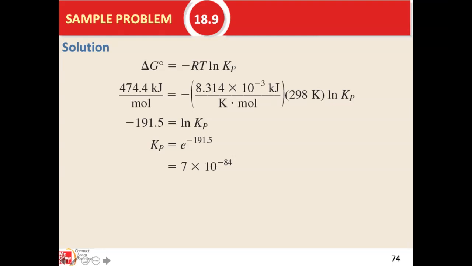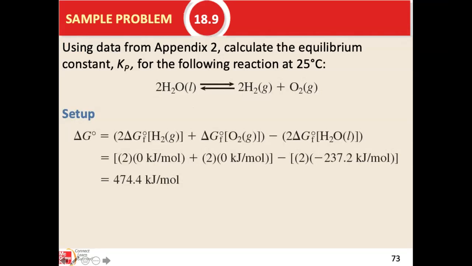So if the Kp is a very small number, much, much less than 1, of course, what we say over here is that when the reaction reaches equilibrium, it will favor the reactant, meaning we will have a lot of reactant, H2O liquid, and not that much of the product, hydrogen gas and oxygen gas.